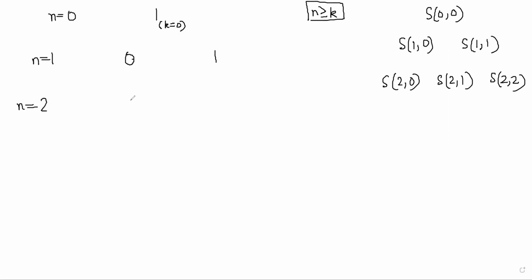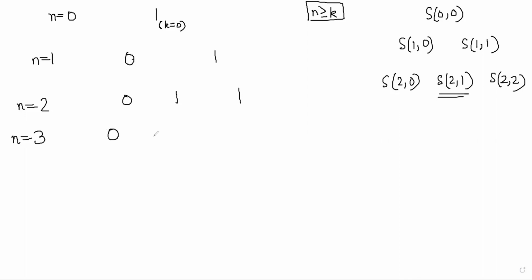So I'm putting the values now. For n is equal to 2, S of 2 comma 0 is basically going to be 0. S of 2 comma 1 is going to be 1 because two elements in one set, right? And S of 2 comma 2 is also going to be 1, right? Okay, n is equal to 3. Let's see the values.